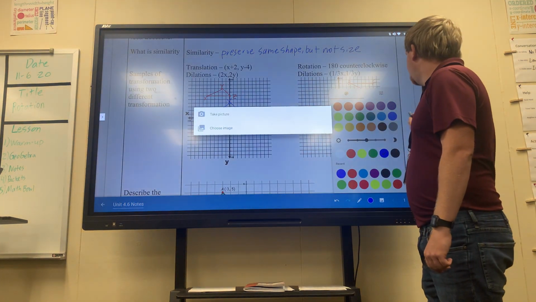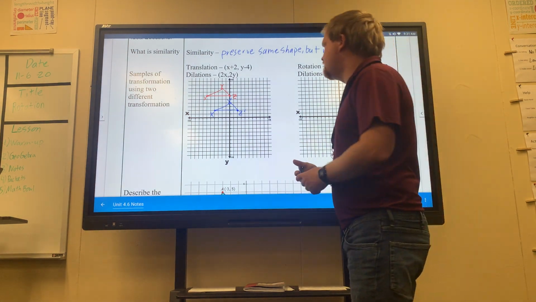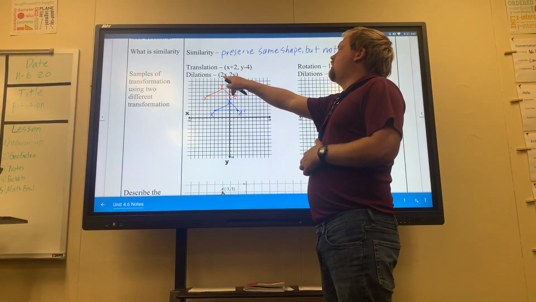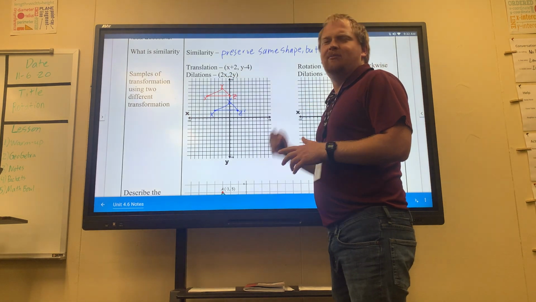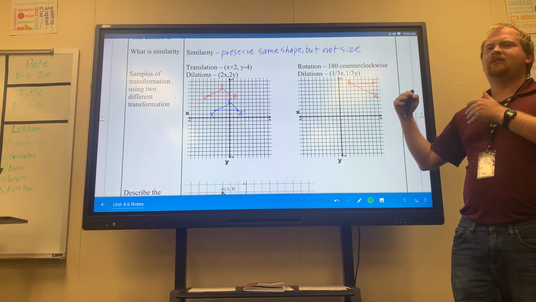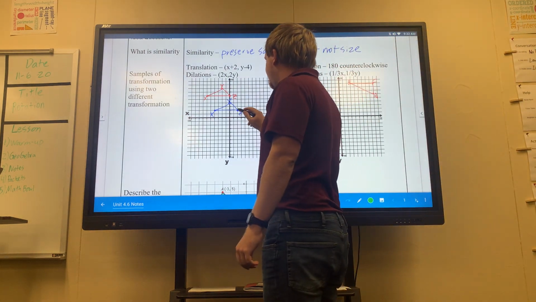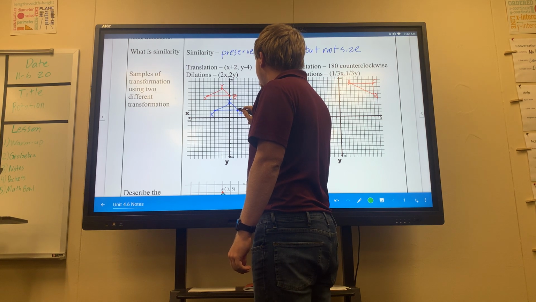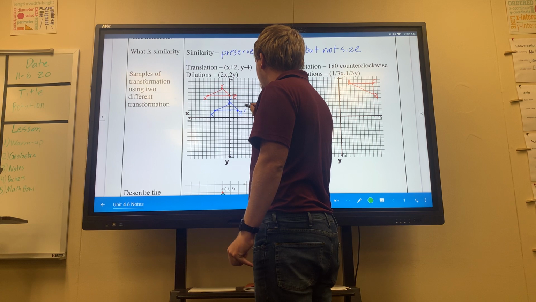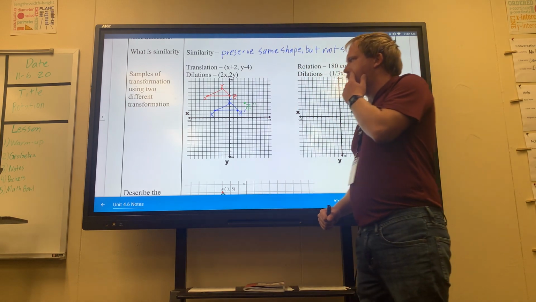The next thing I want to do is a dilation. Remember, if it's 2x, 2y, that means my scale factor is 2. So I'm going to multiply both x and y by 2. This is 2, 2, which means 2 times 2, which is 4. So I have C double prime at 4, 4.